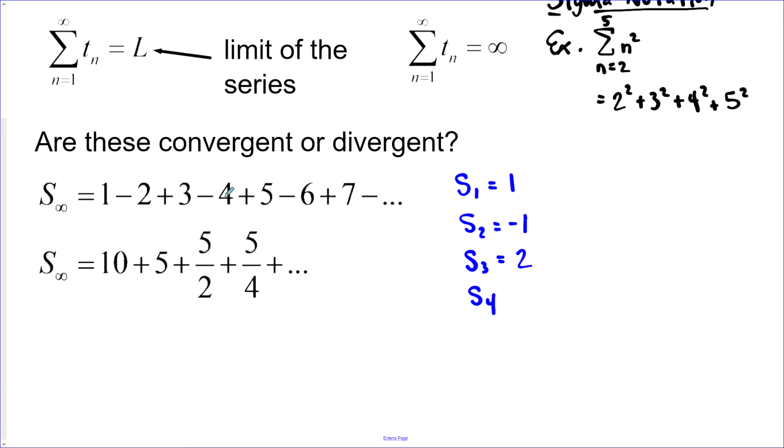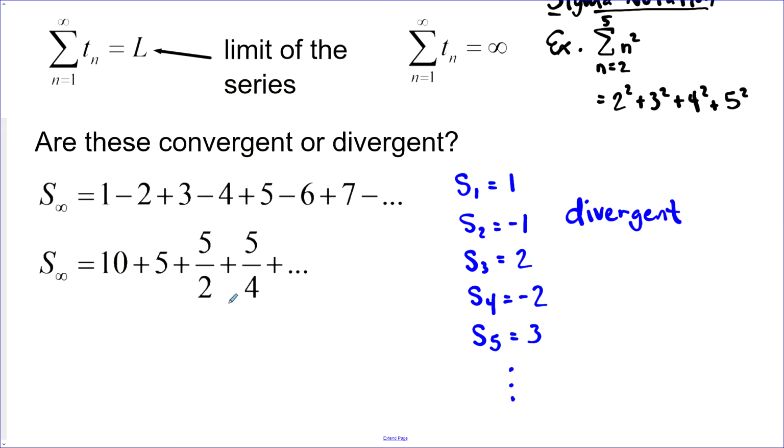S4, we're going to add a minus 4 to this sum, so that would be negative 2. S5, looks like we're going to be adding 5 to this, so that would be 3, and so on. I think we have enough to recognize a pattern here. It's not a pattern that is getting closer and closer to a specific value, so we call this one divergent.